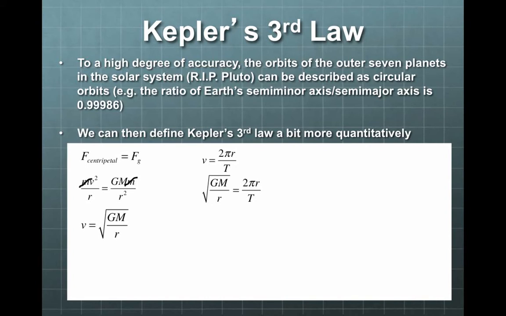And now if we replace that velocity on the left-hand side with the velocity we found by setting the centripetal force equal to the gravitational force, and if we square both sides, we then see that the gravitational constant times the mass of the central body divided by the radius is equal to 4 pi squared times r squared over T squared.